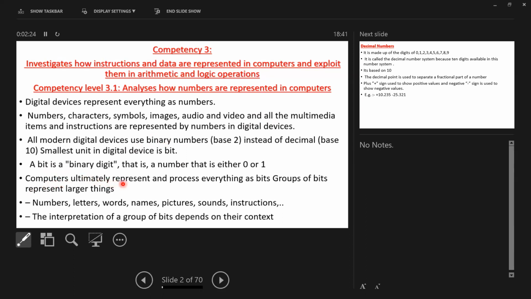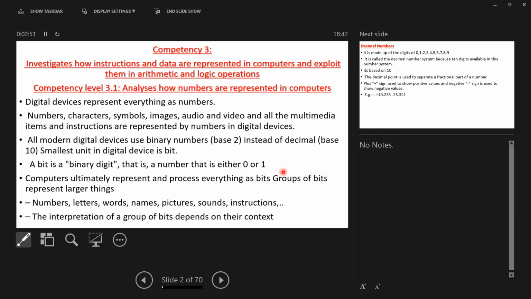Computers ultimately represent and process everything as bits, groups of bits. Bits mean 1, 0. A group of bits we call a byte. That means 8 bits together we call 1 byte, B-Y-T-E. Byte means 8 bits.